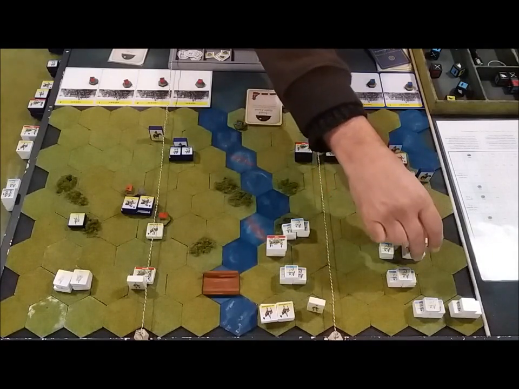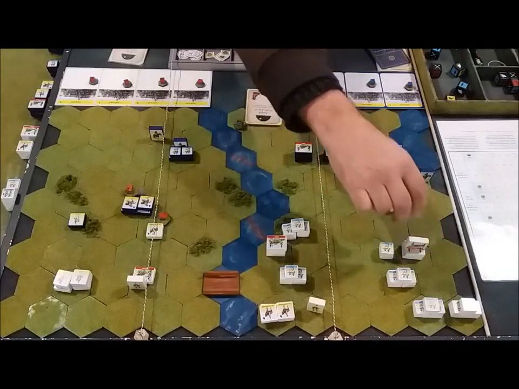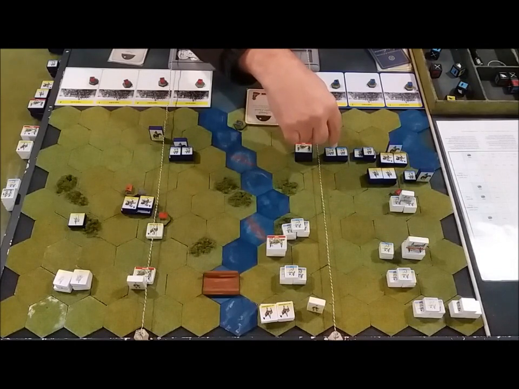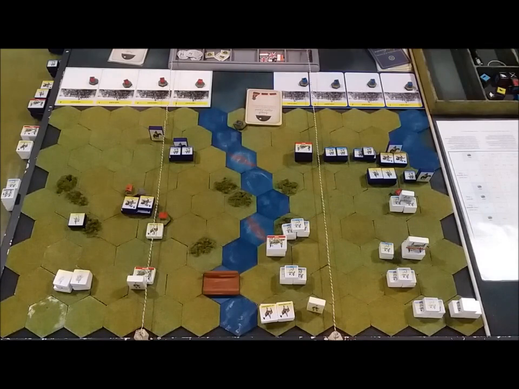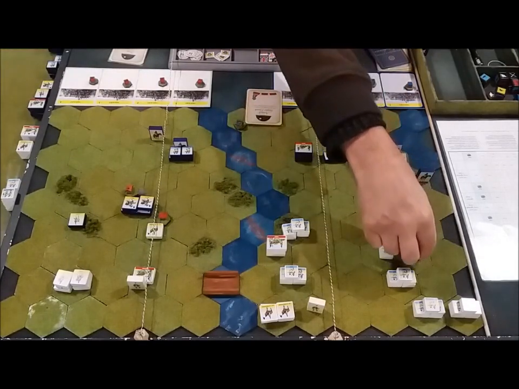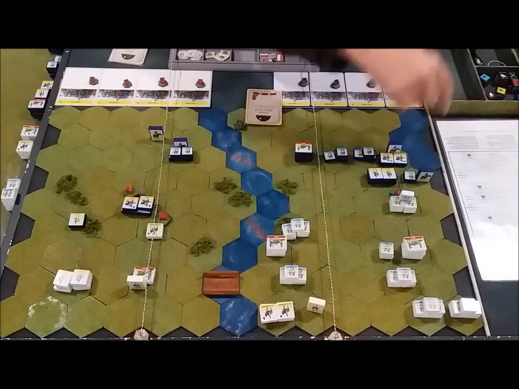The foot artillery is going to stay where it is. It's simply going to fire at this line unit here for 1. We'll do that first. And we got one. And we rejoiced. Yay! They're done.